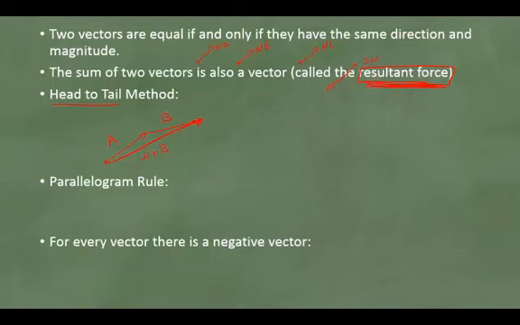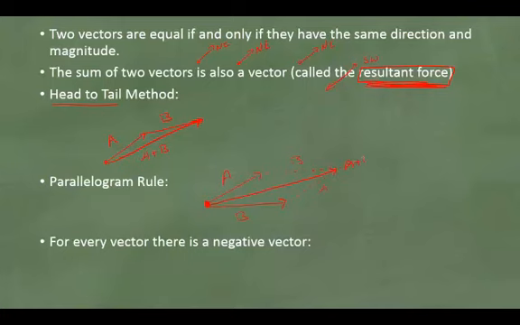Or we could use the parallelogram rule. Same one, A. And instead of saying B is over here, we're just going to take B to start off in the same spot. B starts off here. And then we create a little parallelogram using both a copy of A and a copy of B. And we say that's the resultant force.